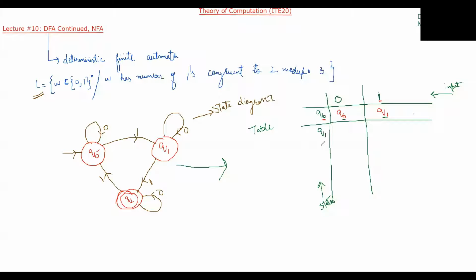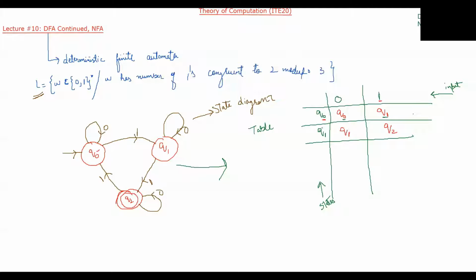Now we have to see what the new state is. Q1 is the new state. On Q1 we have to see what will happen on 0 and 1. The transition on 0 will be Q1, and on 1 the output will be Q2. Now we have to see again if there is any other new state.